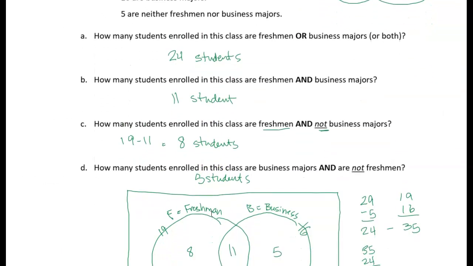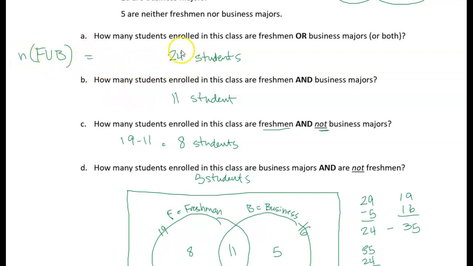The first question was asking how many students enrolled in this class are freshmen or business majors? So what we're asking for in that example was the union of the sets, F union B. Okay, we called F the set of freshmen and B the set of business majors. So that's what we were asking. So the number in F union B is equal to 24.